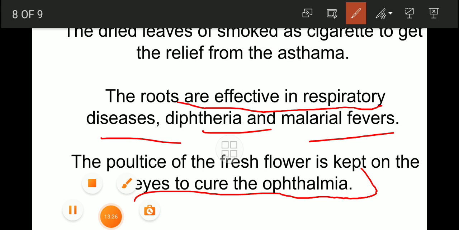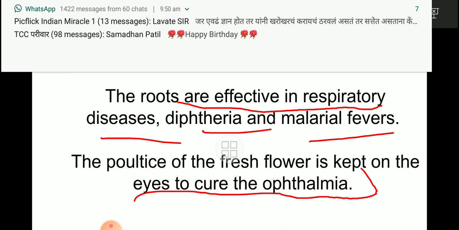My friends, I have given you an idea about a very interesting plant that commonly grows in our area. We can grow this plant. Seeds are available, and saplings can be produced with the help of the seeds, so we can cultivate it at our places. It is very useful from a medicinal point of view, so it should be cultivated at your places.